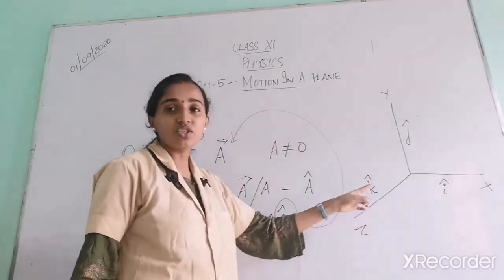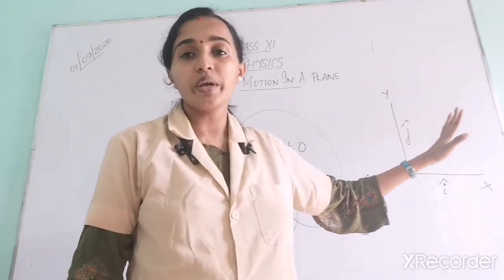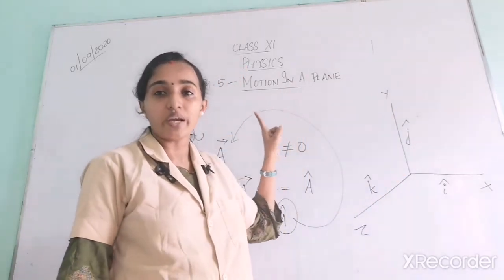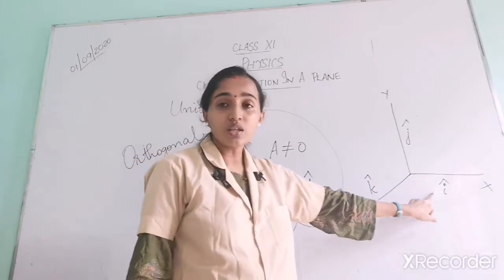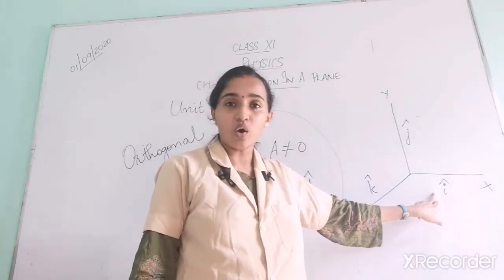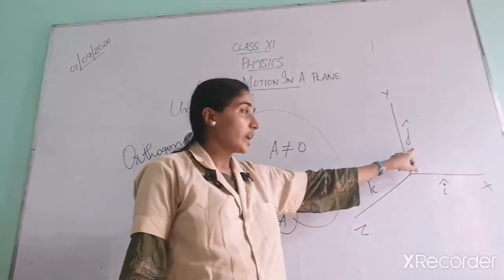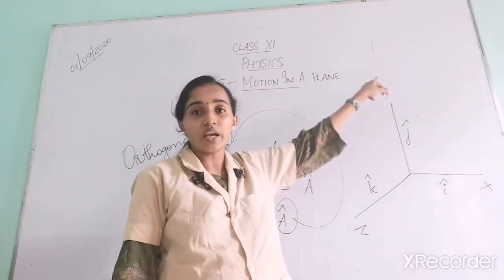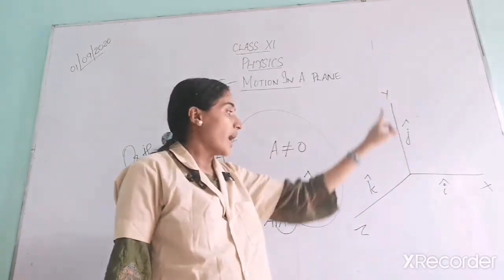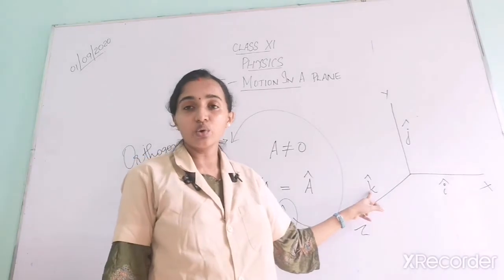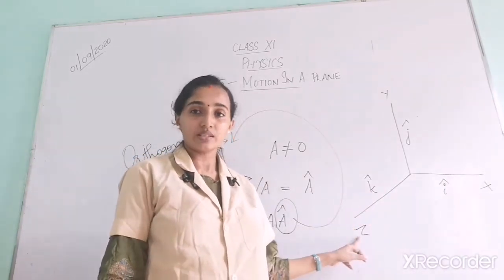So I, J, K are known as orthogonal unit vectors, where I is along the x-axis, J is along the y-axis, and K is along the z-axis.